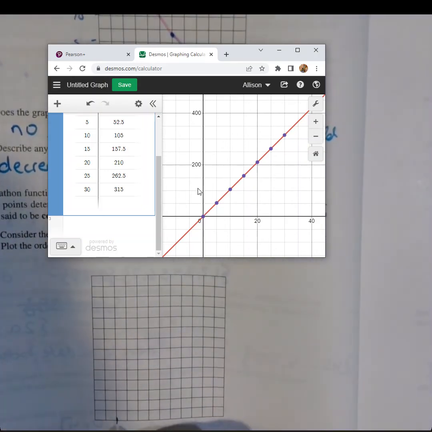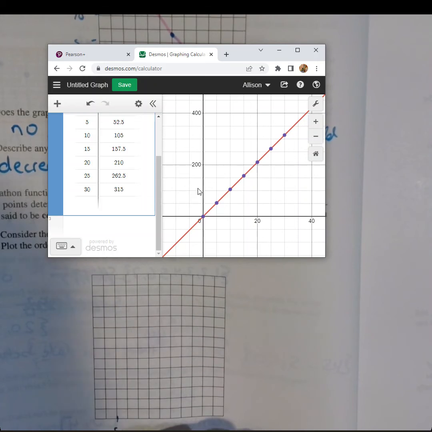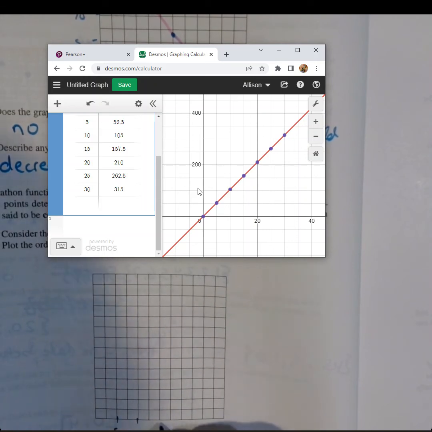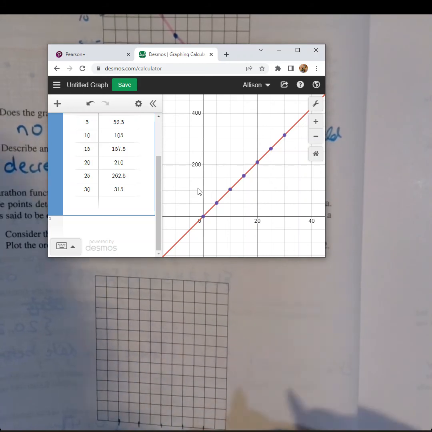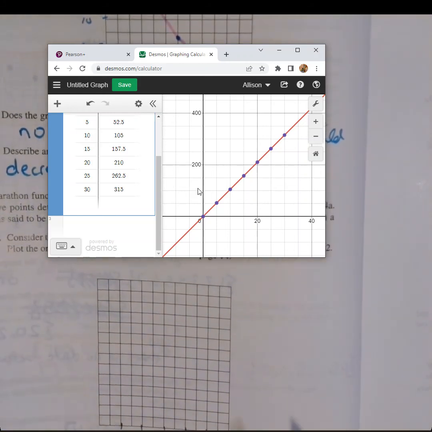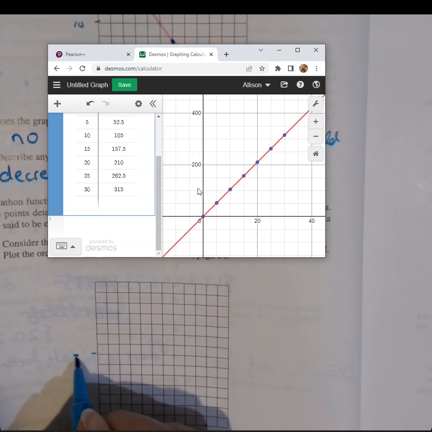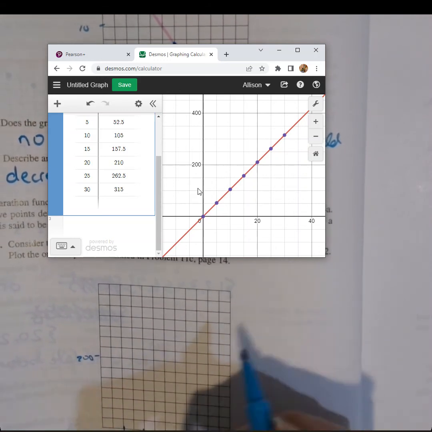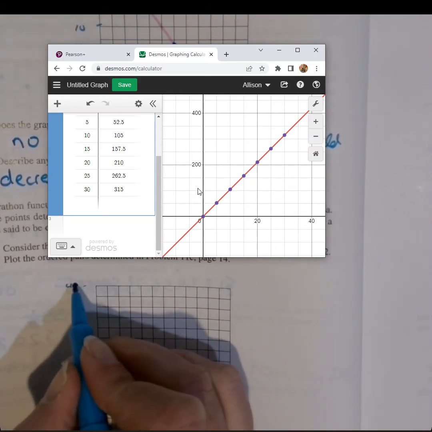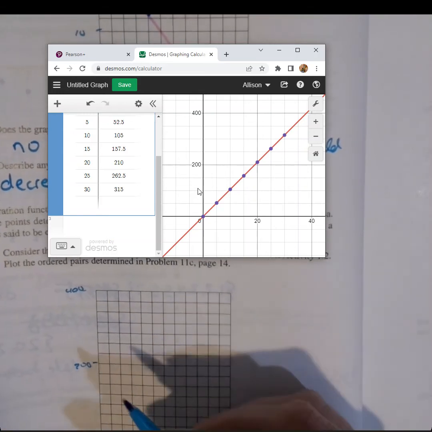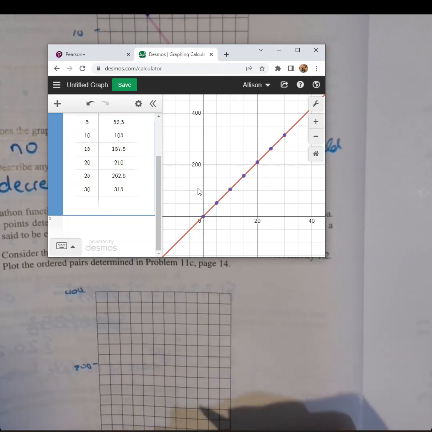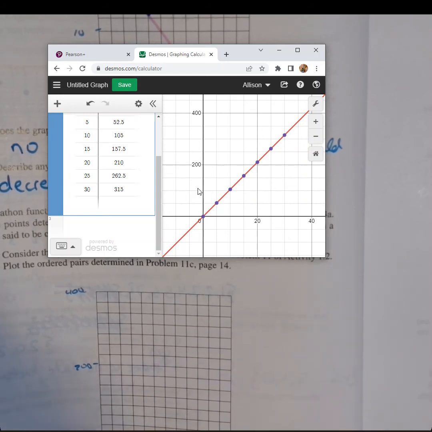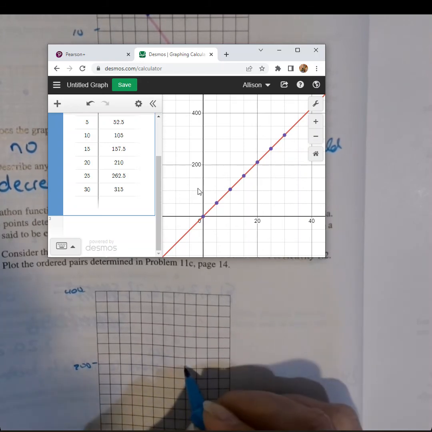And we'll do 5, 10, 15, 20, 25, and then I want 200 to be about the middle, and I want 400 to be about the top. And then I can see that my graph is not going to hit 400 until it hits 40, so it needs to hit 200 at about 20.